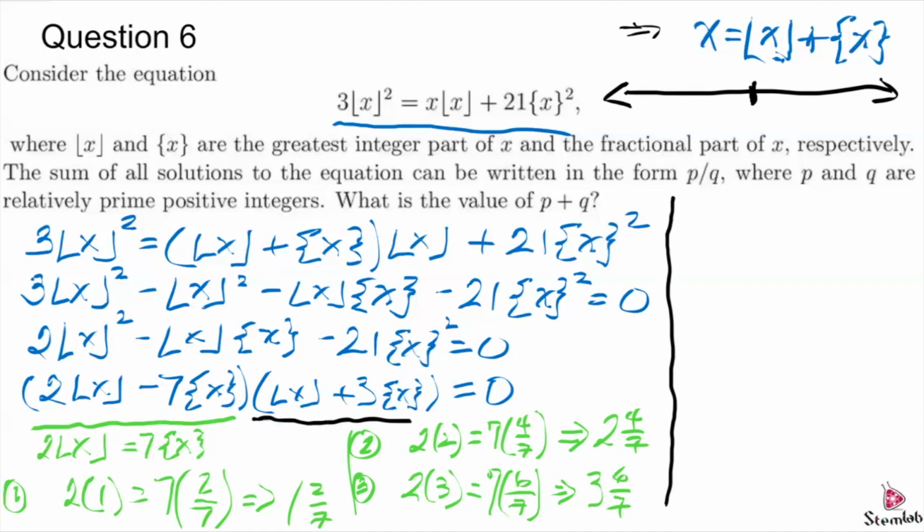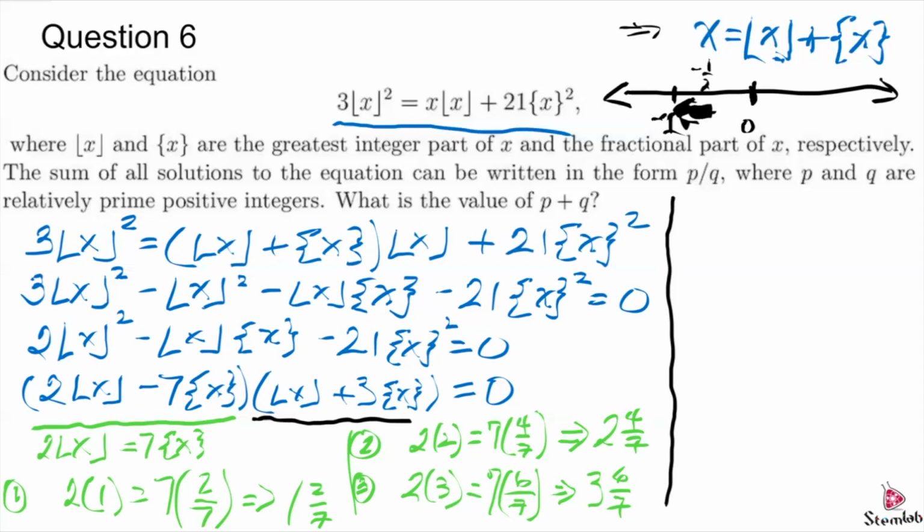If x is, let's say, between 0 and -1, the floor is actually the integer that's to the left of it. So the floor of, for example, -1/2 is -1.